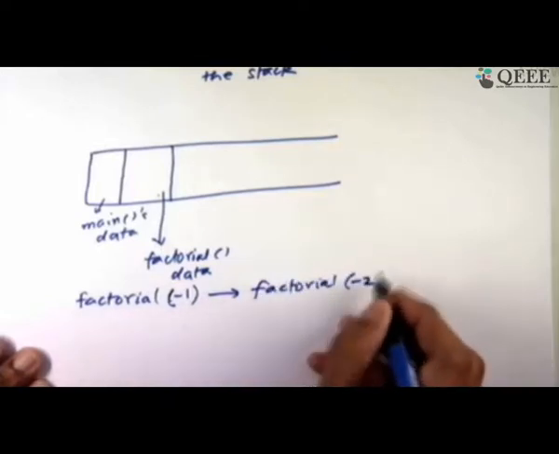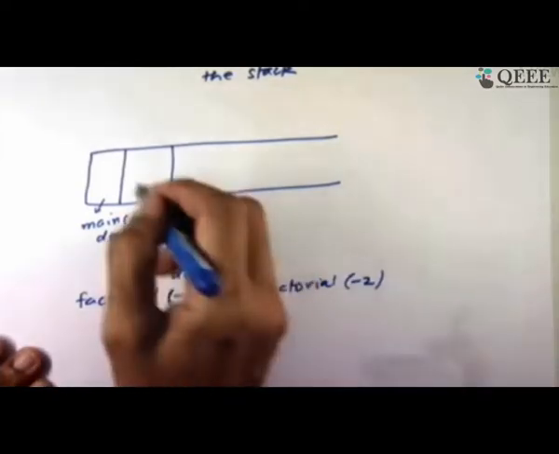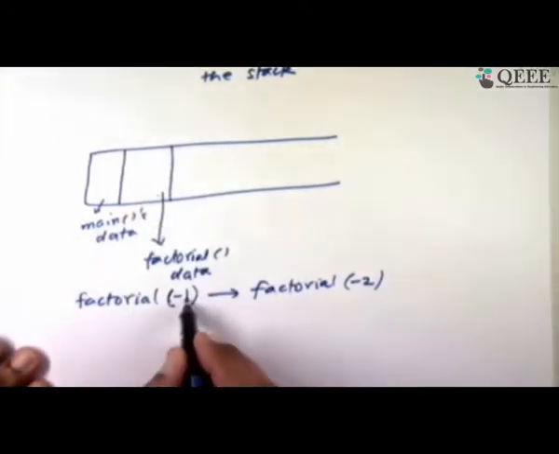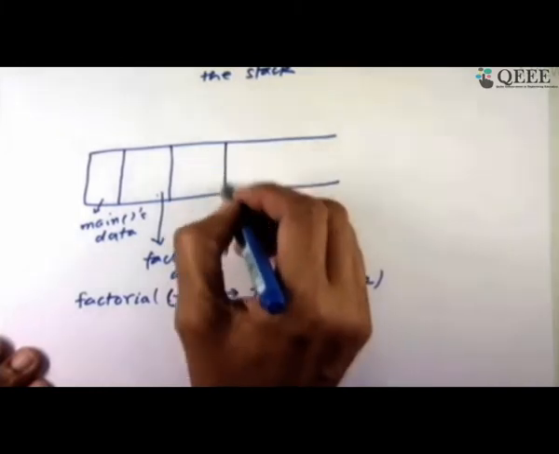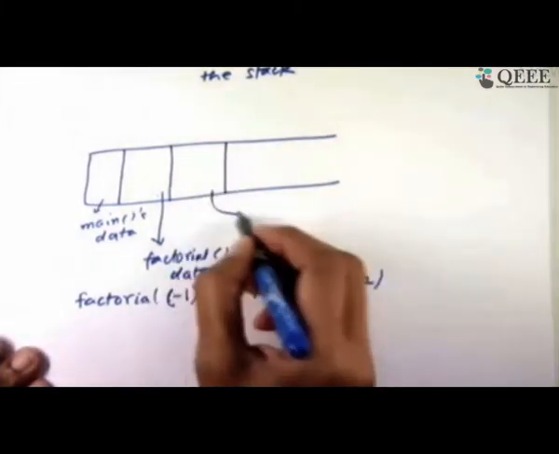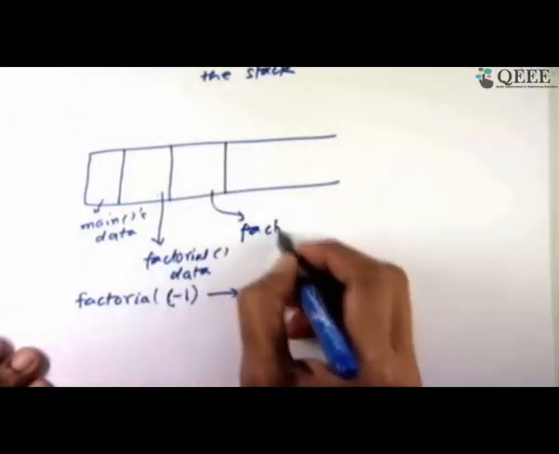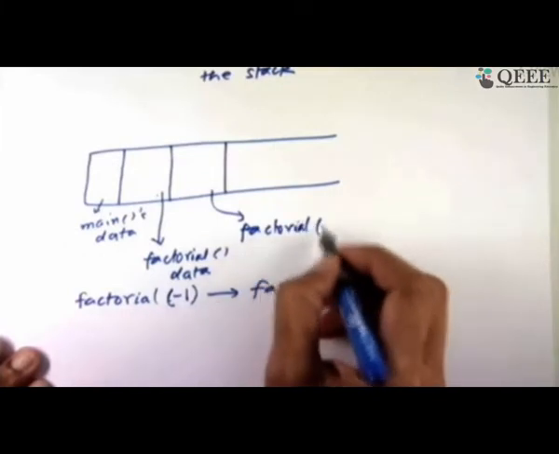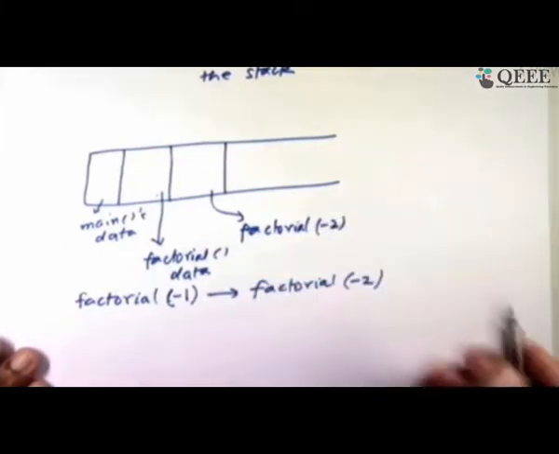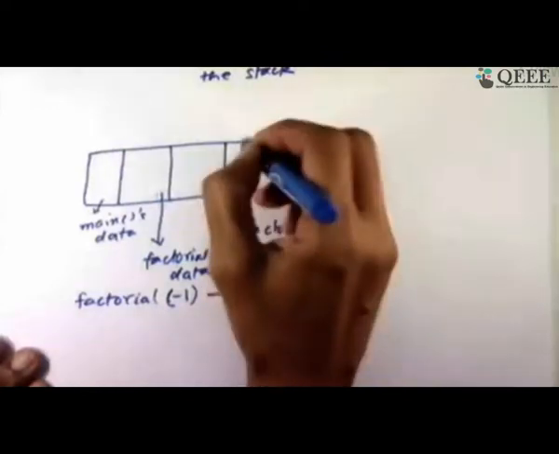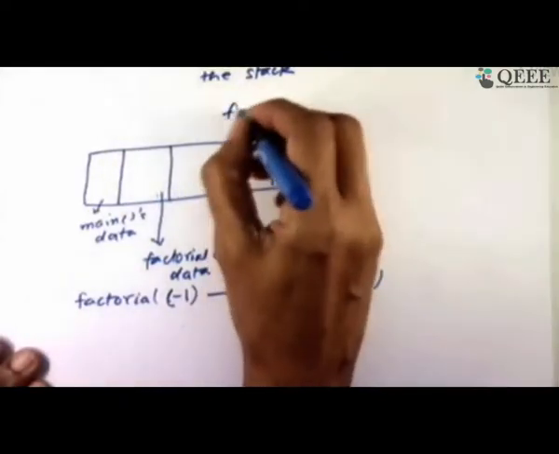When factorial minus 1 calls minus 2, yet another entry is made on this stack because factorial minus 2 is now running. Factorial minus 2 will call factorial minus 3. So yet another thing will come.